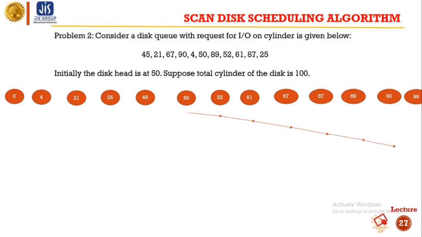And from 90 we will move to 99. After that we will move in the reverse direction. The first element we get in the reverse direction is 45, so from 99 we will move to 45.